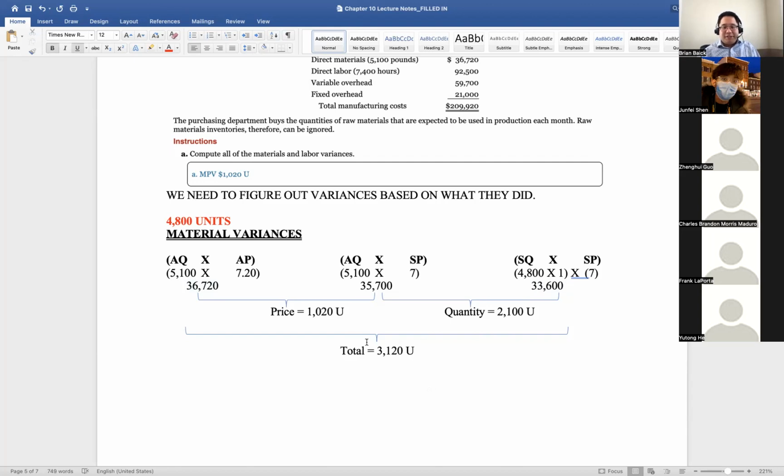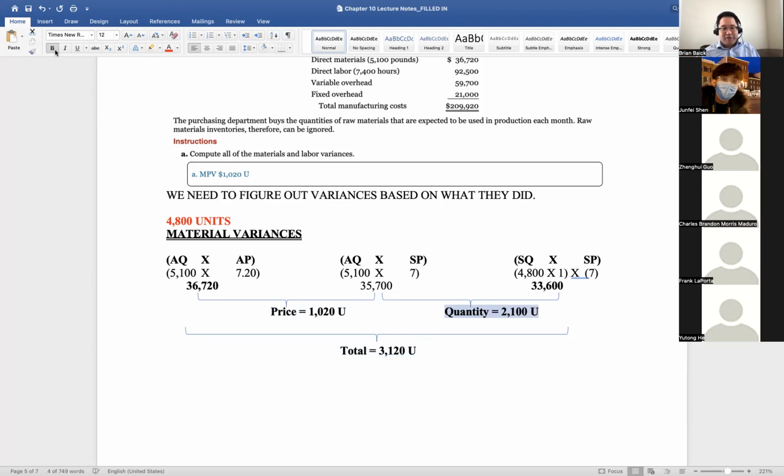So we just figured out for materials, I actually spent 36,720. I thought my budget was 33,600. In total, we are over budget by 3,120. Okay, so unfavorable. Why are you over budget? Well, $1,020 is because I paid too much for my materials. Also, I probably bought too much material.